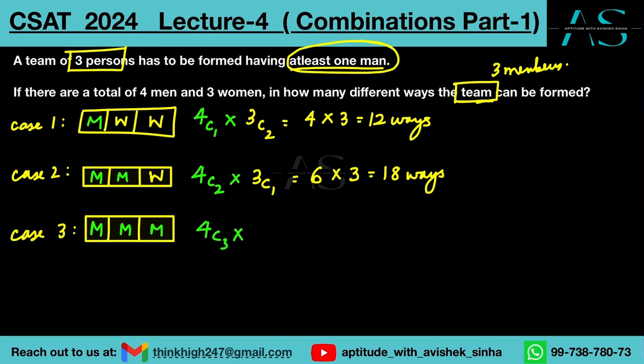How can we not select a woman? See, there is no woman, right? There is no woman. How can we do that? 3C0. Okay. So what is 4C3? 4C3 is simply 4 into 3 into 2 upon 3 factorial, and 3C0 is 1. So we have 4 ways.